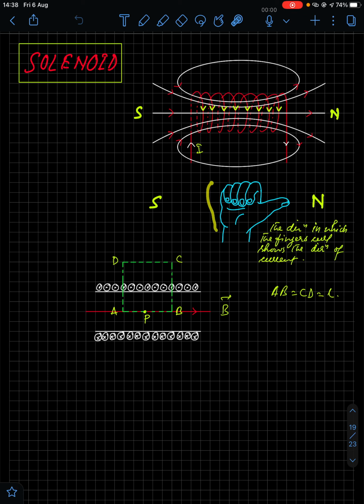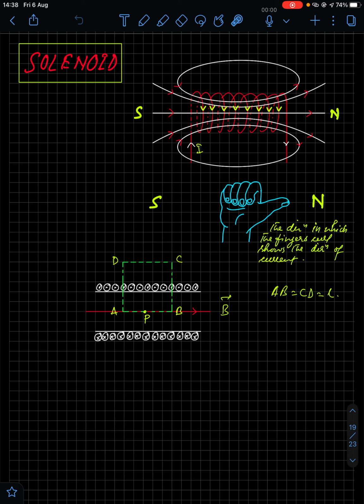You see, the fingers are curling. This section is behind, this section is representing this, and this down, these fingers are representing this. That means current is going in the downward direction. So this is the right representation of the right hand thumb rule to understand the direction of the magnetic field.